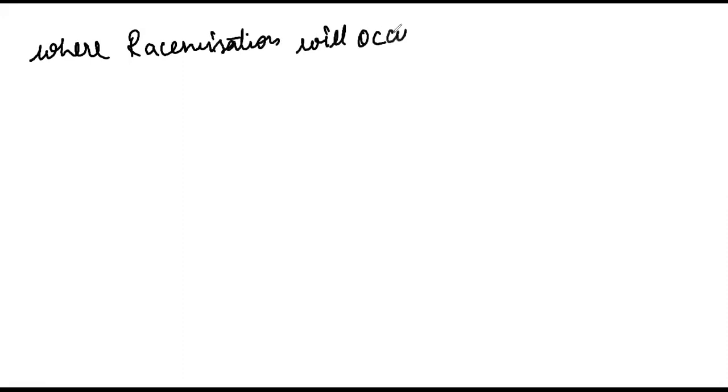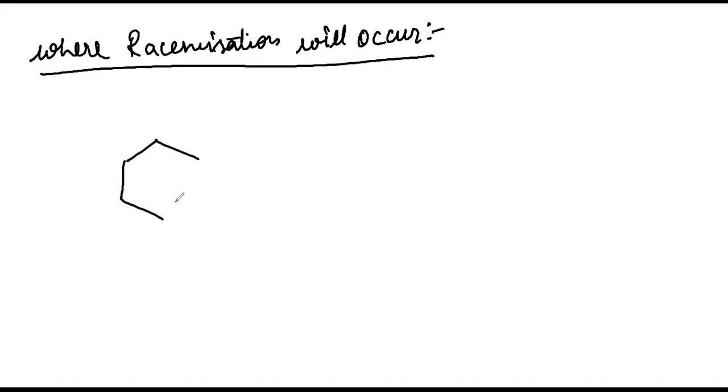So tell me, where will racemization occur? Where only one new chiral carbon is formed. I'm asking you the question, don't worry, question is coming.